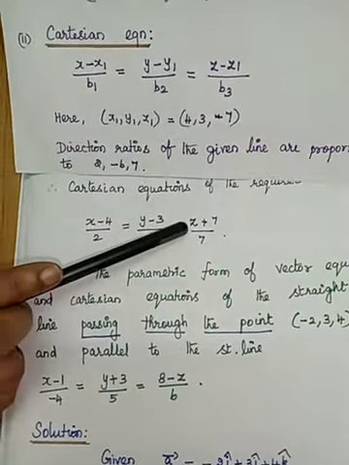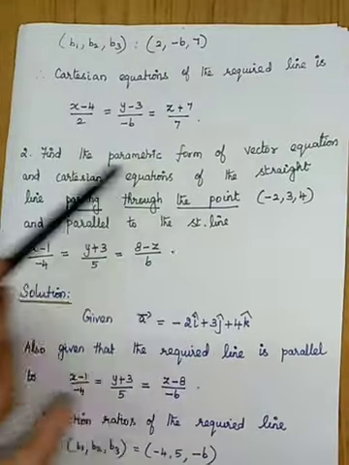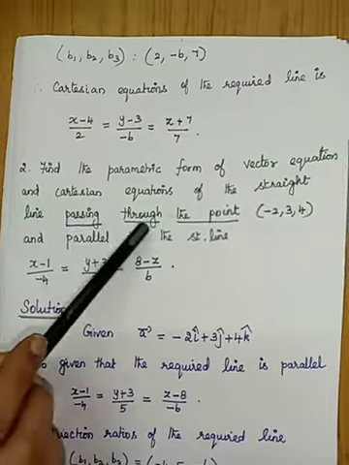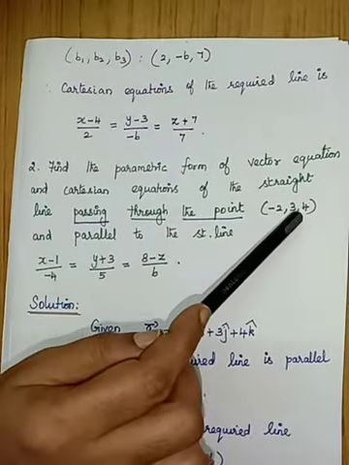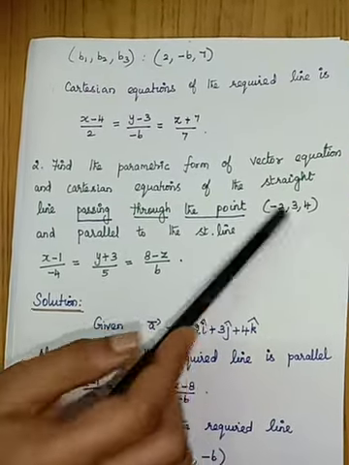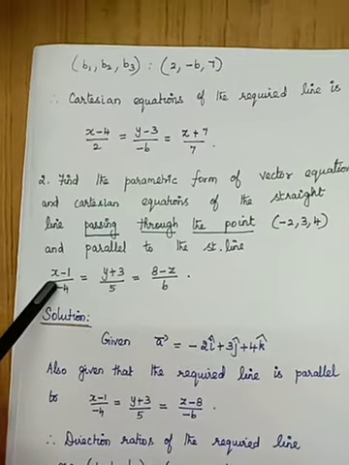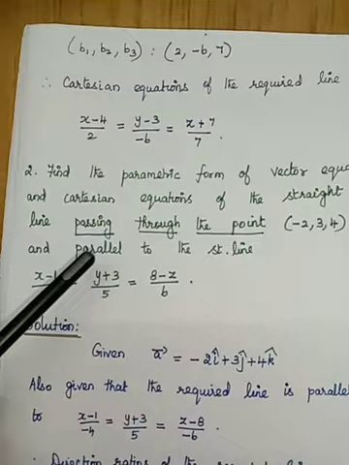So we'll come to the second problem. Find the parametric form of the vector and Cartesian equations of the straight line passing through the point minus 2, 3, 4 and parallel to the given straight line. Okay, see now, what is given?